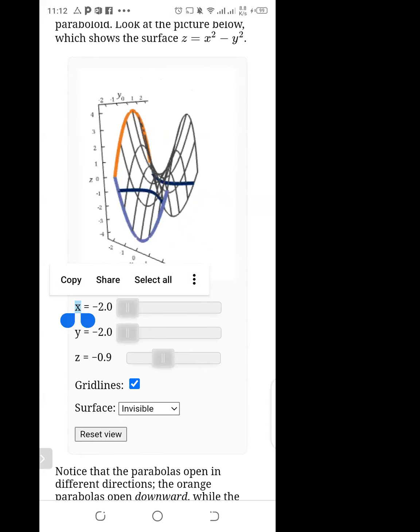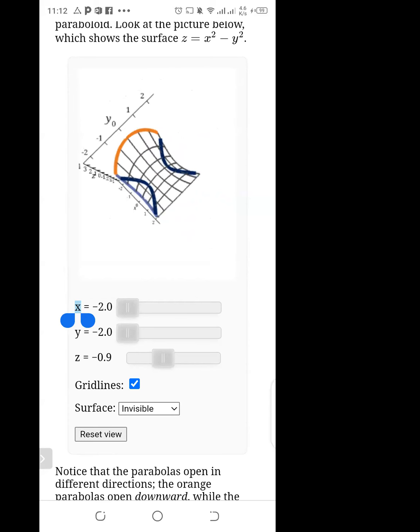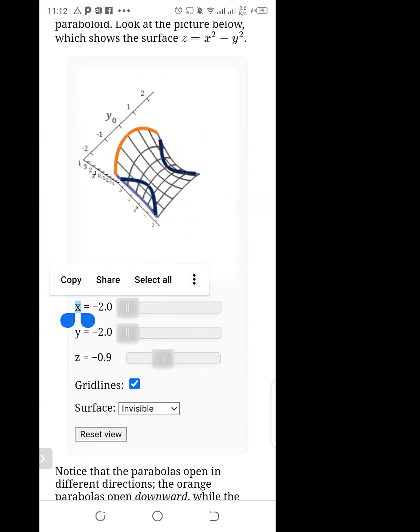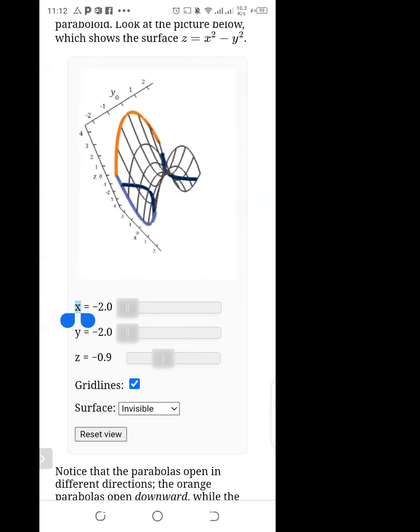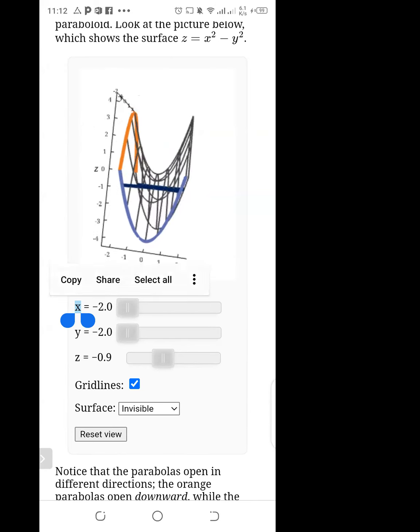Viewing it along the Z axis. Yeah, this should be the top like this. Then viewing it along the X like this.